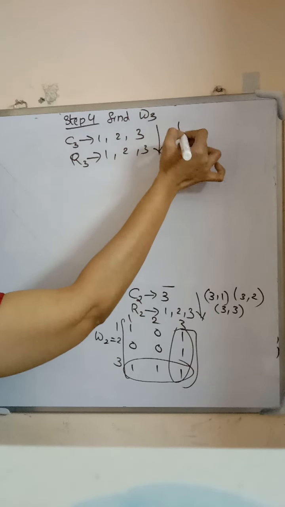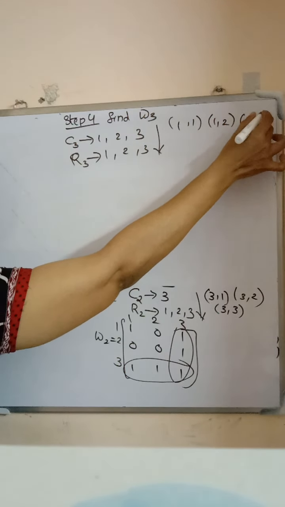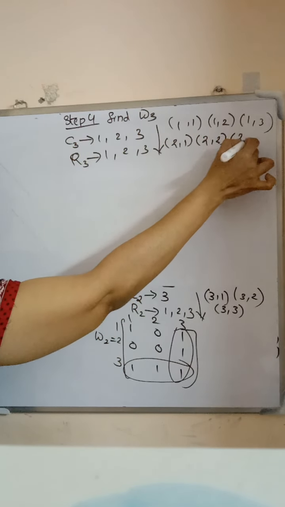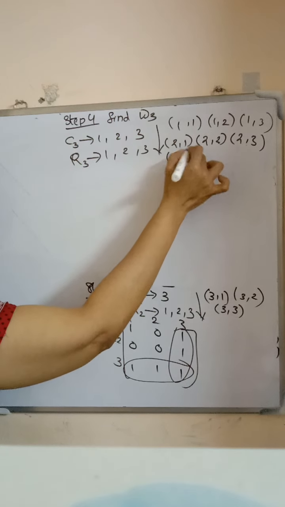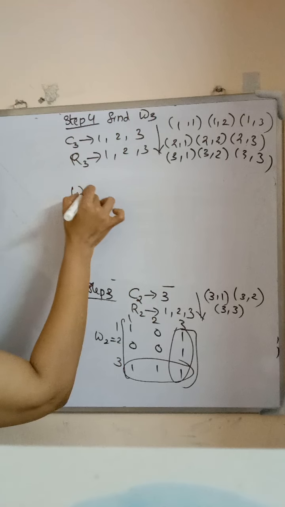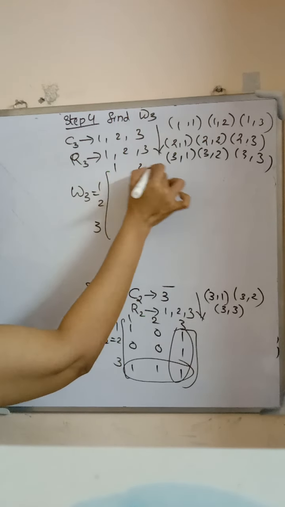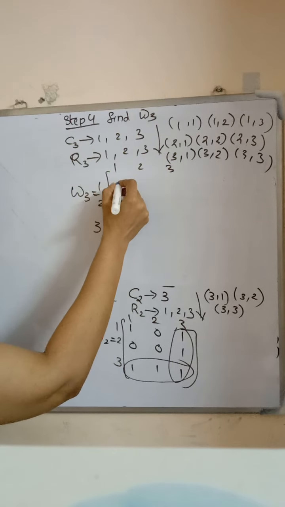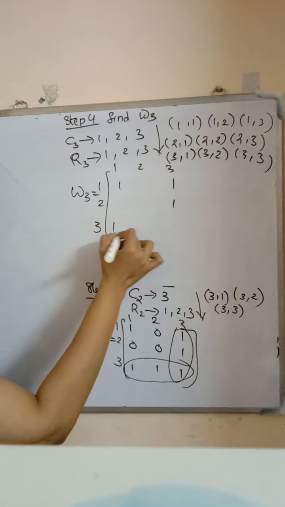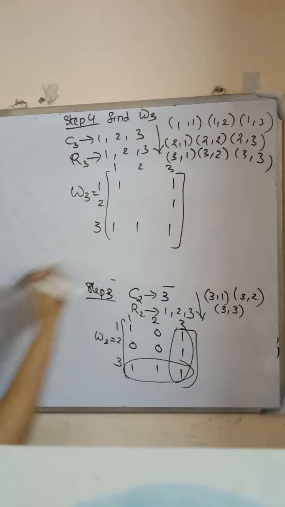So the new positions are 1 1, 1 2, 1 3, 2 1, 2 2, 2 3, 3 1, 3 2, 3 3. So W3 equals, write all the ones in W2. In second row last element is 1. In third row all the elements are 1 in W2. So we write it here.